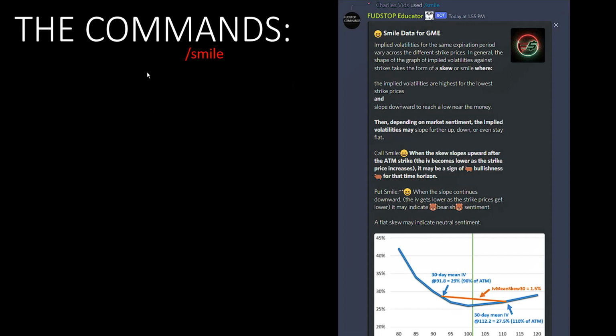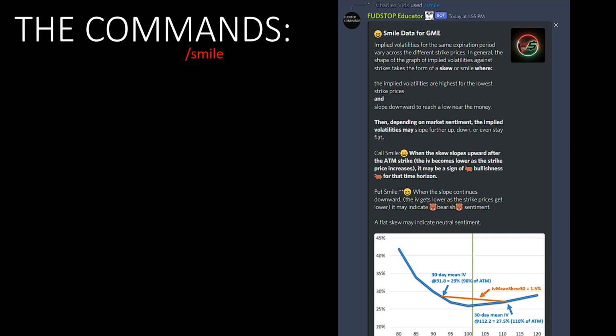Okay, and this is one of the best ones, the smile command. Basically, implied volatilities for the same expiration period vary across the different strike prices. In general, the shape of the graph of implied volatilities against strikes takes the form of a skew or a smile, where the implied volatilities are highest for the lowest strike prices and slope downward to reach a low near the money.